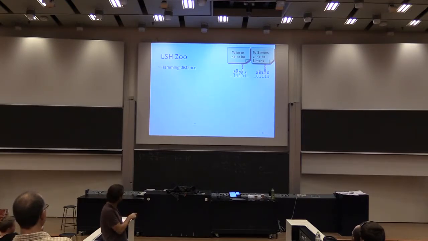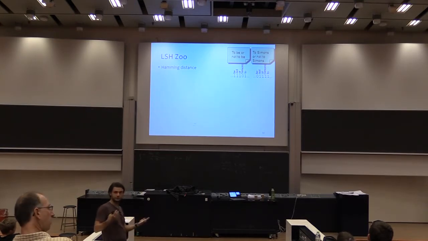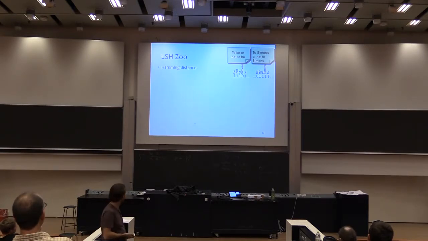And the coordinate will be equal to 1 if that word appears in the document, and it will be 0 if it does not appear in the document. So this is a restriction to the words that we care about. So these different documents will be embedded in Hamming strings, binary strings, and we can imagine computing the similarity between two documents by computing Hamming distance between these strings.